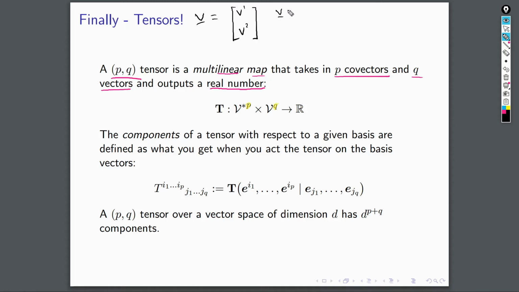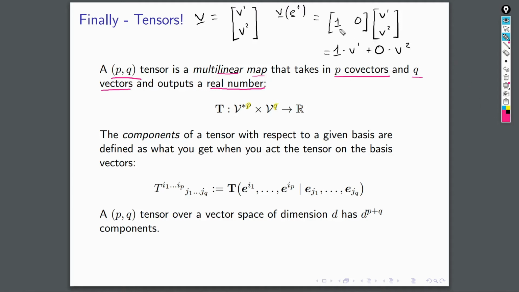Well, I can compute v of e1, and using our matrix multiplication, this is just 1 times v1 plus 0 times v2.